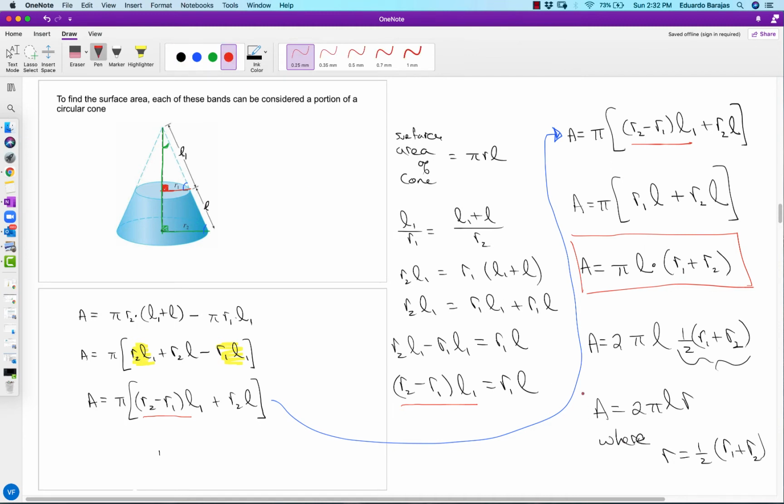That's the other way that this formula is sometimes seen. Personally, I like this one better, but you should be aware that this is also pretty popular.